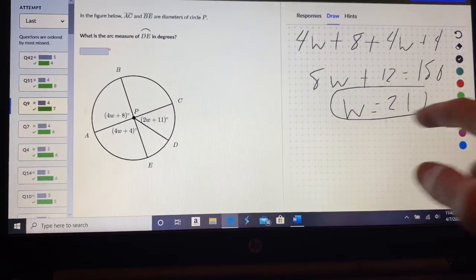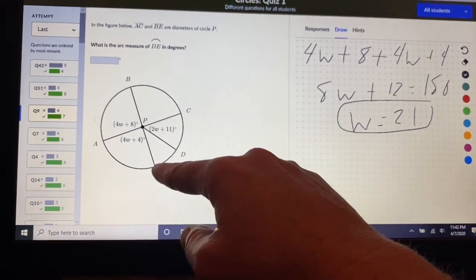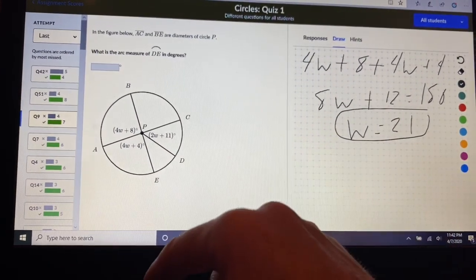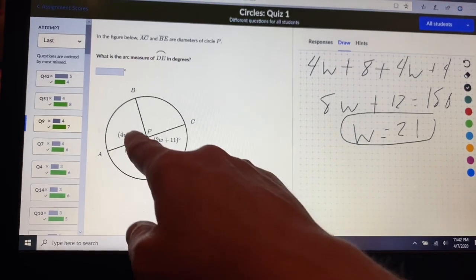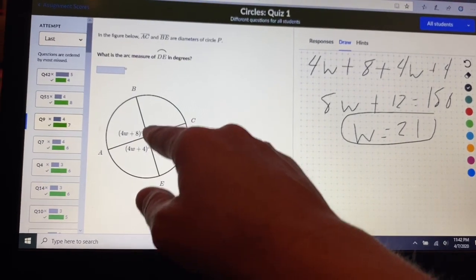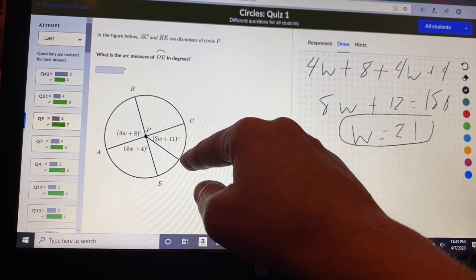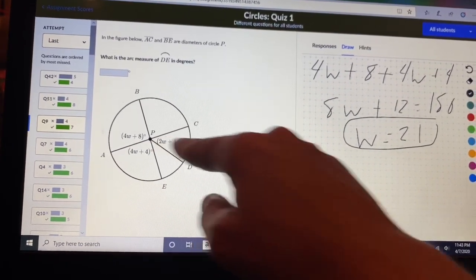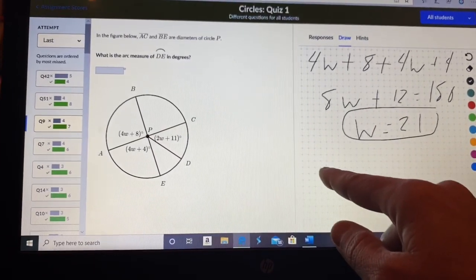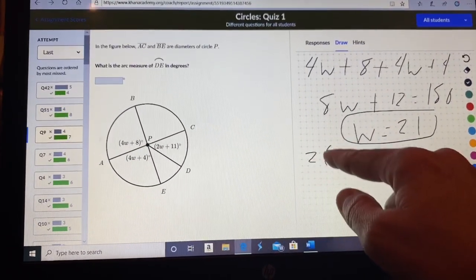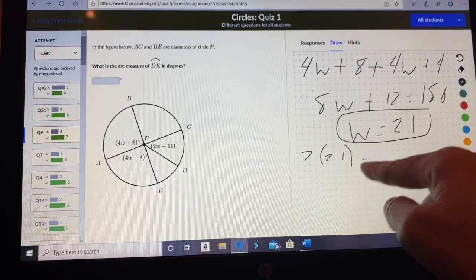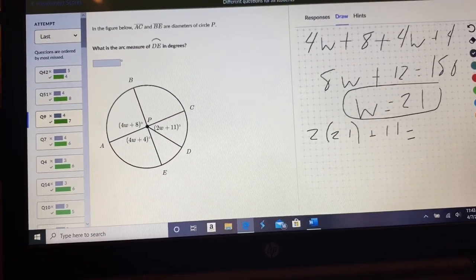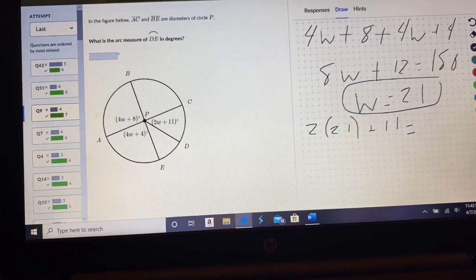Okay, now that W is 21, it's pretty easy to find D to E. In that, I can plug in here and subtract from 180. Or I could say, well, it's vertical with that one. D to E is just this little piece. So I'm going to plug into both of these and subtract from 180. 2 times 21 plus 11 is 53, I believe. Yes.